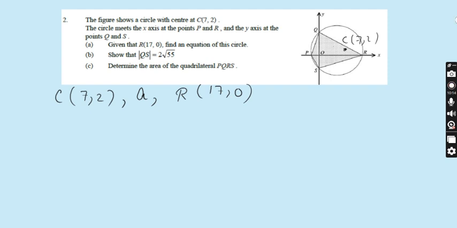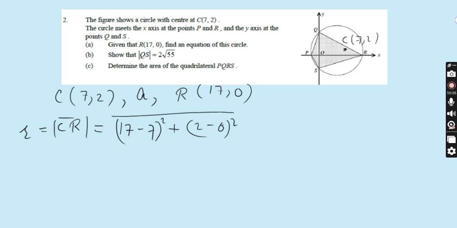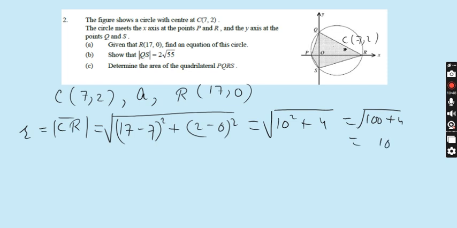In order to find the radius, we have to find the distance between C and R, center to the boundary of the circle is always the radius. So square root of (17 minus 7) whole square plus (2 minus 0) whole square. 17 minus 7 is 10, 10 square is 100, 2 square is 4, 100 plus 4 is equal to 104. Square root of 104 is the radius.